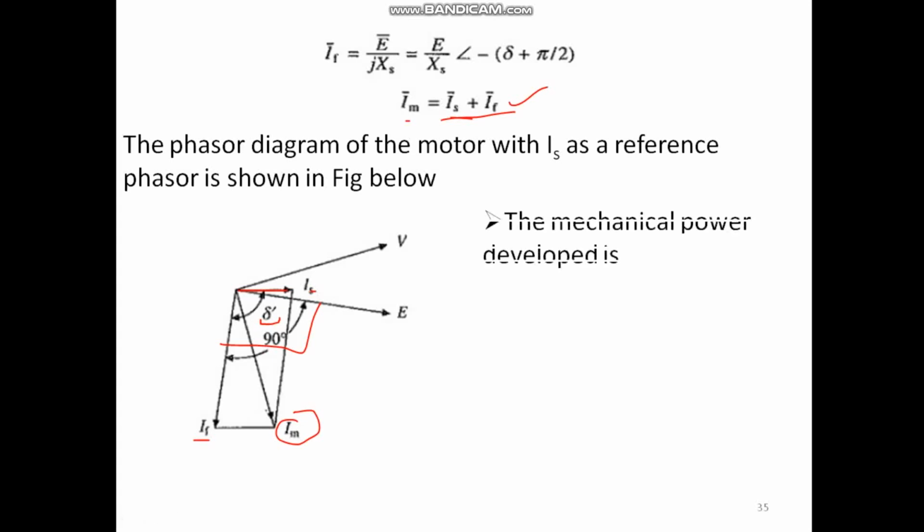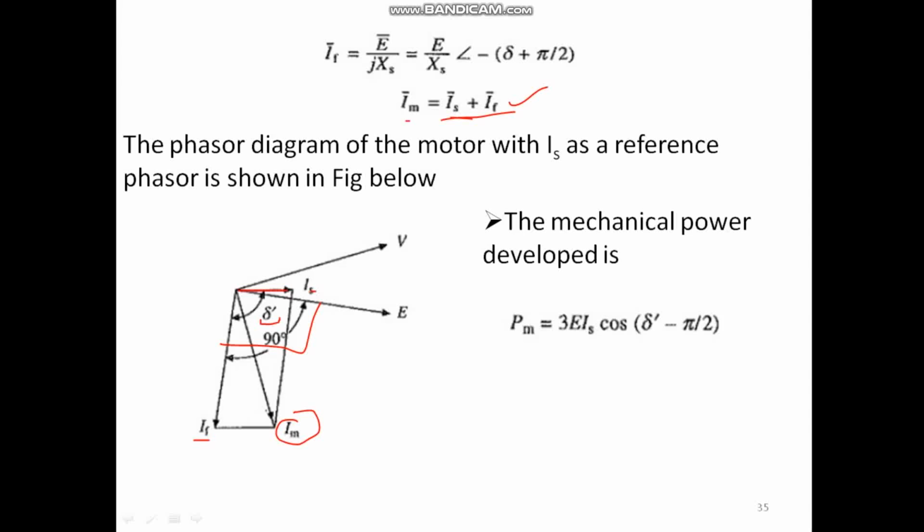Now I'll write the mechanical power equation. So Pm is equal to 3 E into Is cos of (delta dash minus pi by 2). This is a per phase equation.